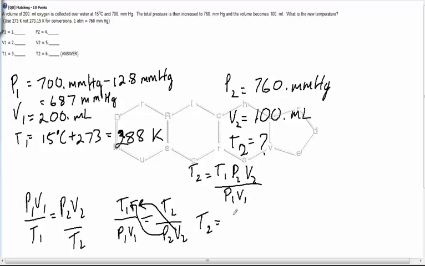Alright, so T2 equals T1, which is 288 K, times P2, which is 760 millimeters of mercury. Again, notice the importance of using the units here.